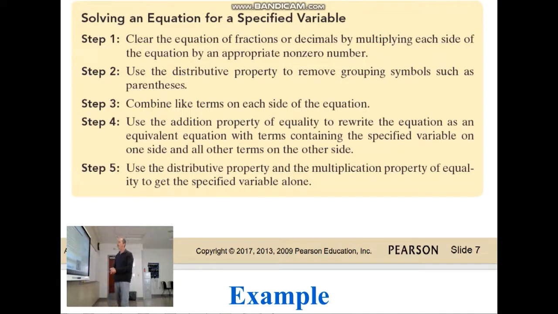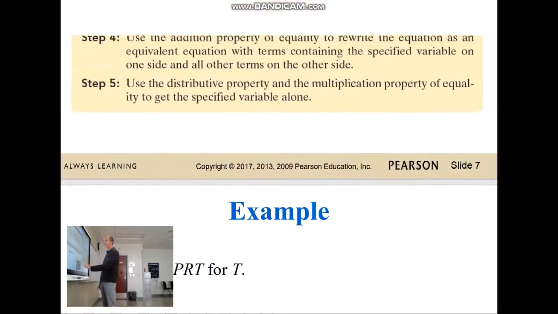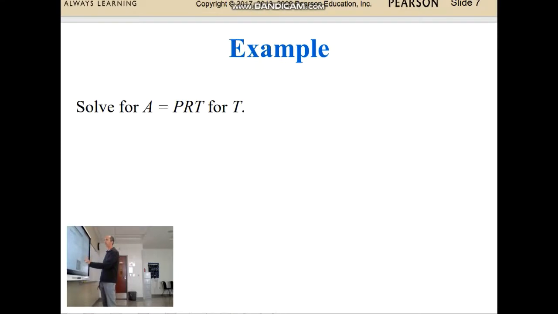Step 4, use the addition property of equality to rewrite the equation as an equivalent equation with terms containing the specified variables on one side and all the other terms, usually the numbers, on the other side. Step number 5, use the distributive property and the multiplication property to get the specified variable alone. That's what we've done in this previous example.